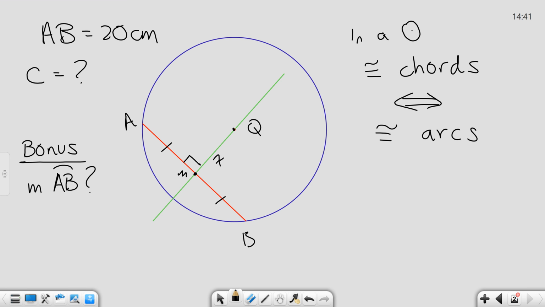It's like, wait, no, here, this is congruent chord equals congruent arc. These two are congruent, so if these two are congruent, then these two are congruent. That's what I think, I don't know.